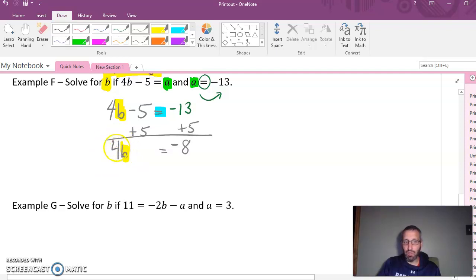The inverse, or opposite, of multiplying by 4 is division by 4. 4b divided by 4: 4 divided by 4 is 1, or 1b, equals. Let's take care of our sign first. Negative divided by positive is a negative. And 8 divided by 4 is 2. So in this case, b is going to equal negative 2 when a is negative 13.